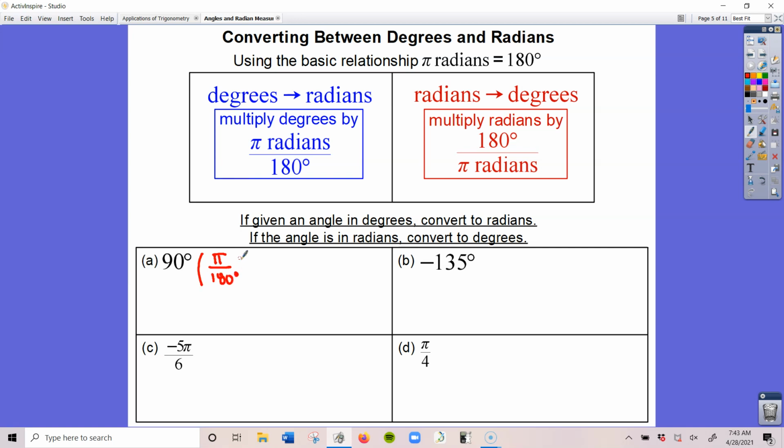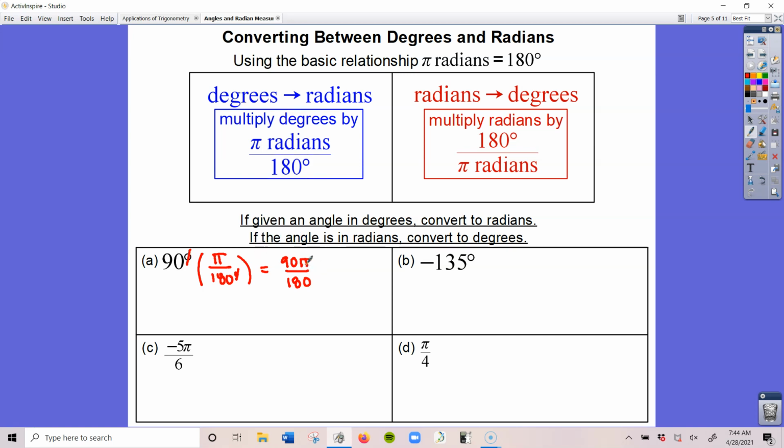What happens now is that the degrees will end up canceling, and I end up with only radians left. So this is going to equal 90 pi over 180. Now when it comes to radians, we want to leave our radian measure with pi. So we're not going to actually multiply and get a decimal like we did in the previous examples.